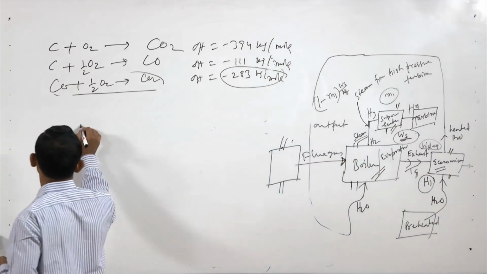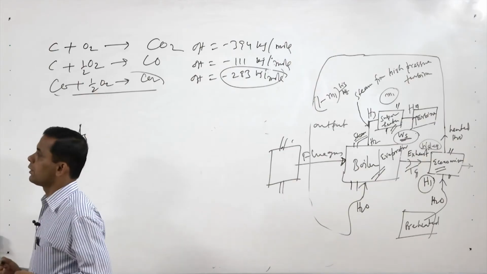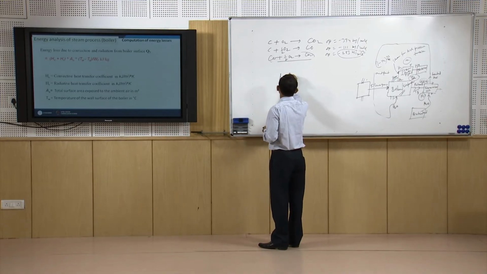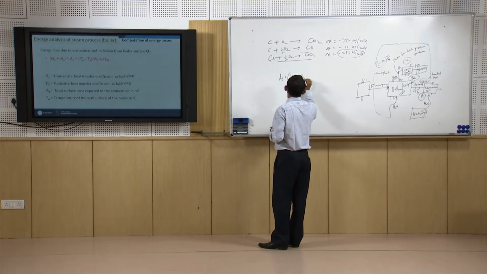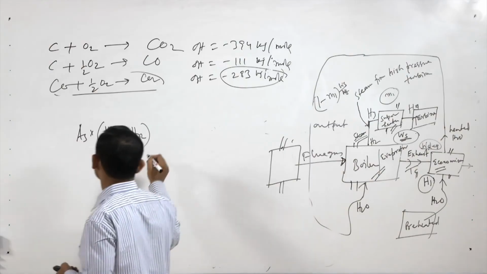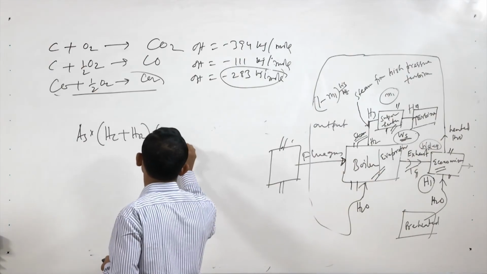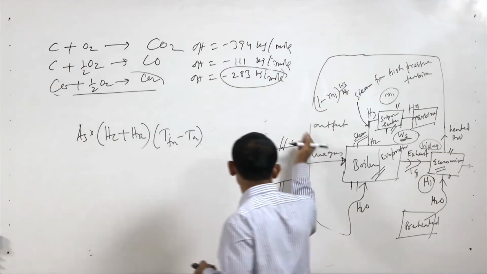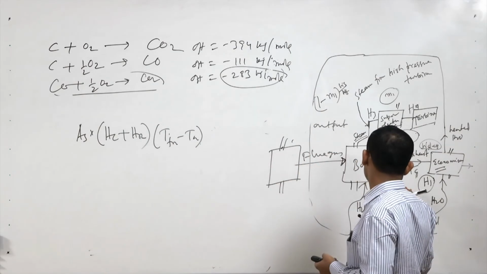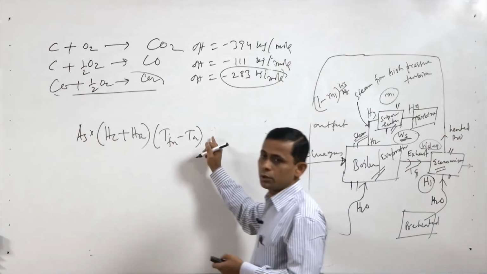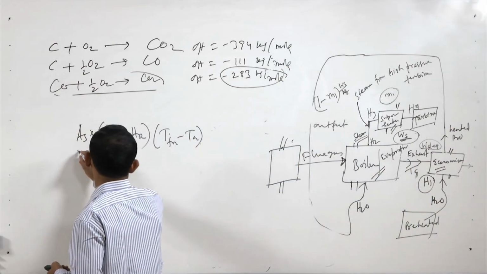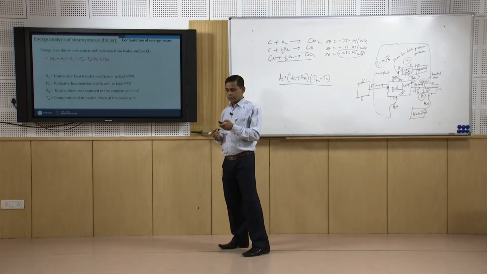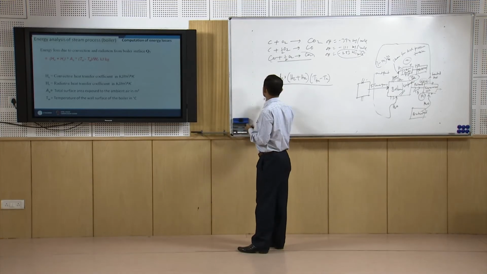If we know the total area and the heat transfer coefficient for convection and radiation, then with the temperature difference T furnace minus TA, the maximum loss will be there, because the temperature is lower elsewhere. So, this will be the total loss due to radiation and convection, that is equal to Q7.